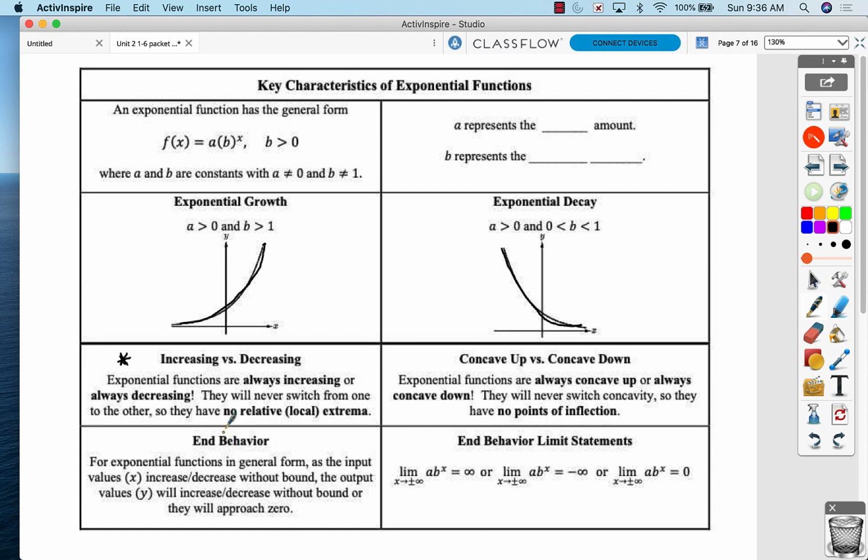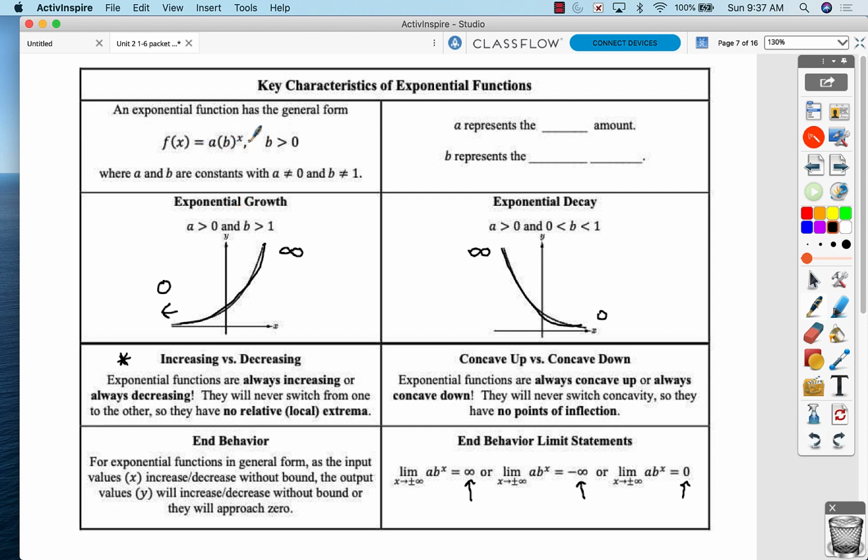Then you have the end behavior. On this side, the end behavior is going to infinity, and on this side, it's going to 0. So the end behavior is only going to go to infinity, or it could go to negative infinity if it flips, or it's going to be going to 0, if the form's like this.